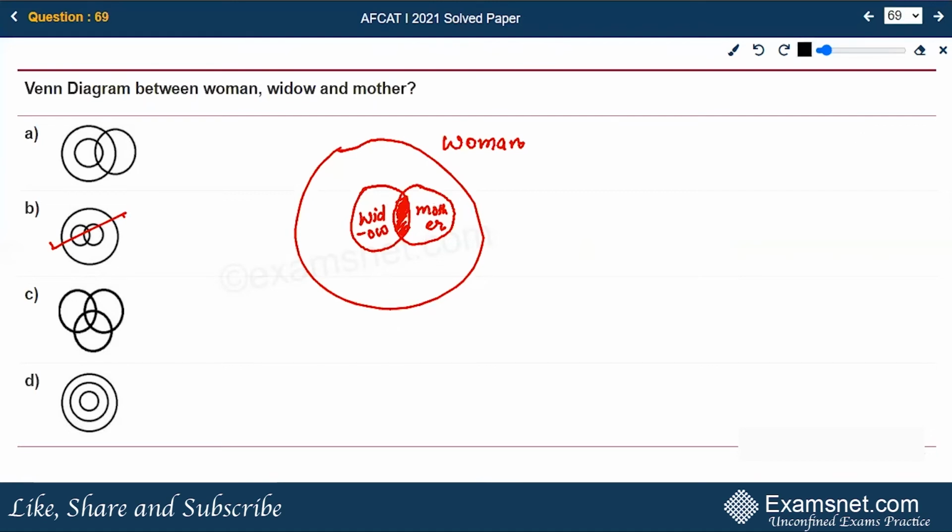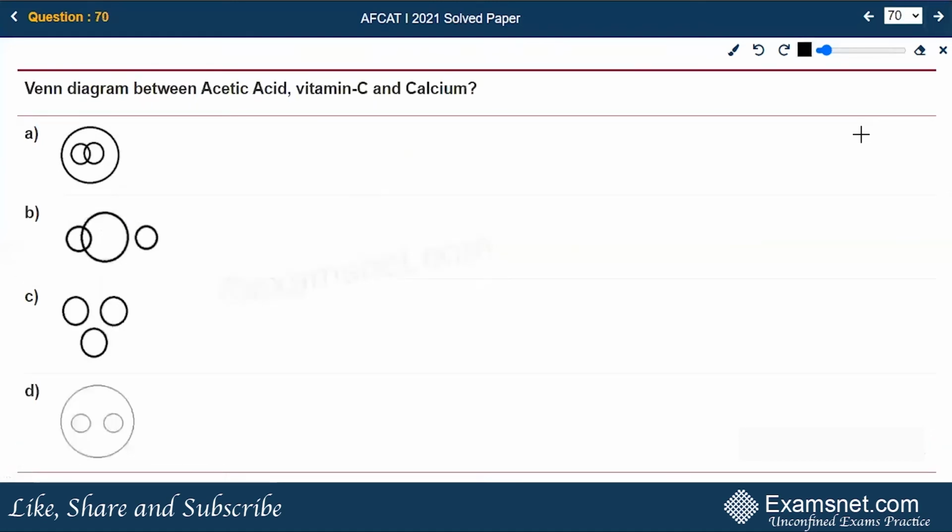Next is question number 70. Venn diagram between acetic acid, vitamin C, and calcium. Which is the correct one? See, vitamin C contains acetic acid and calcium, but calcium and acetic acid, they are different things.